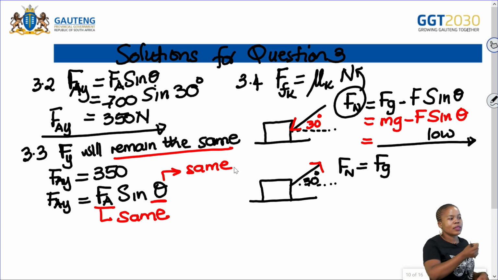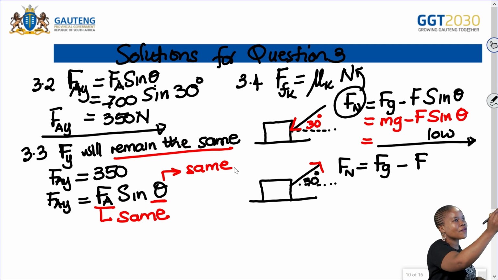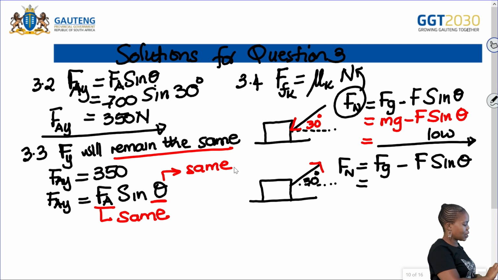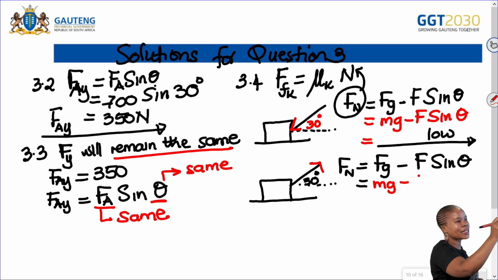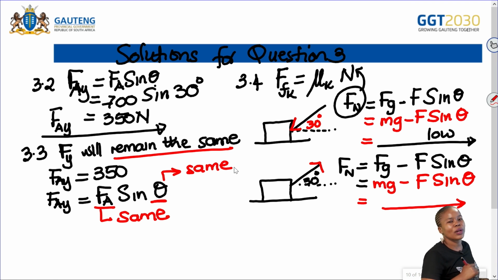So it is the gravitational force subtracting the vertical component. Because I'm pulling it away, it's going to be minus F sine of theta. So my Fn is therefore equal to mg minus F sine of theta. Therefore my answer here, because I'm pulling away, is going to be low.